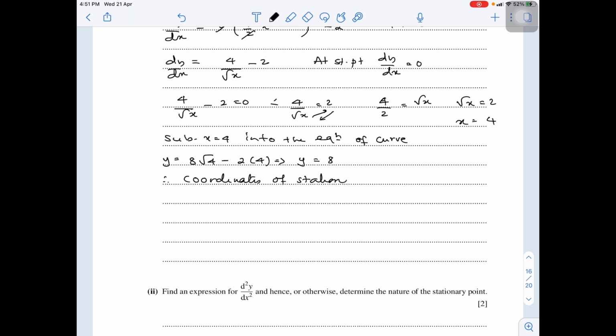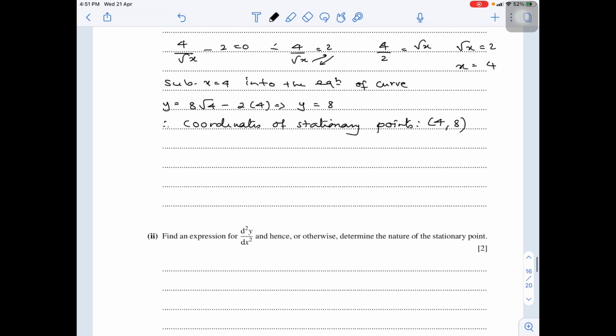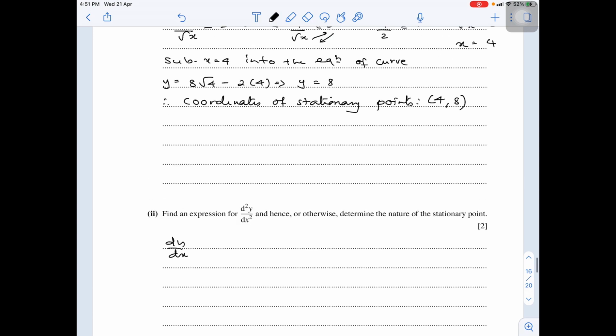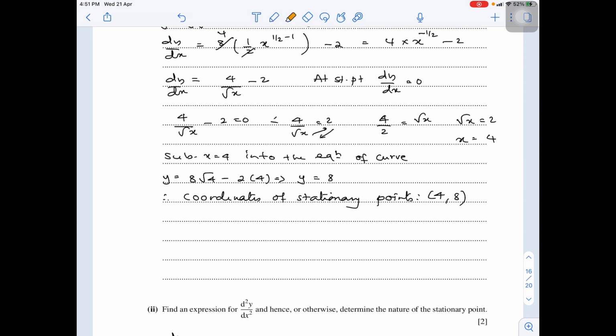Therefore, the coordinates of the stationary point are 4, 8. Now it says find an expression for d squared y over dx squared and hence or otherwise determine the nature of the stationary point.